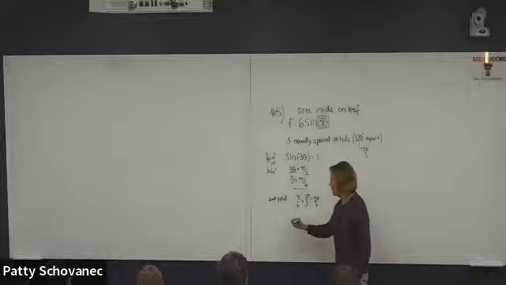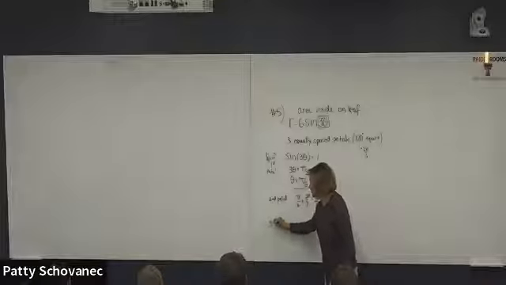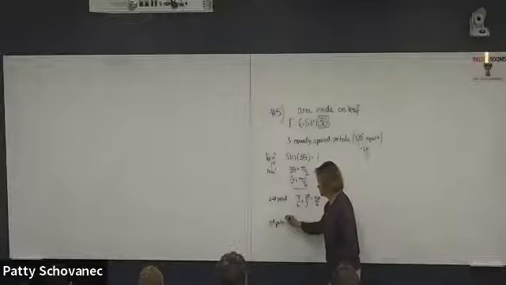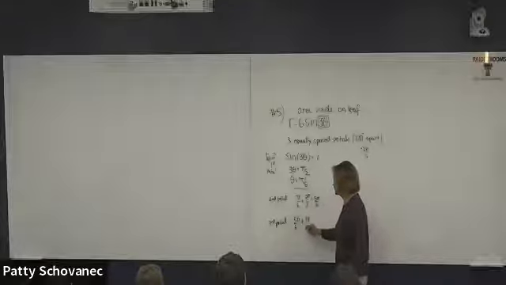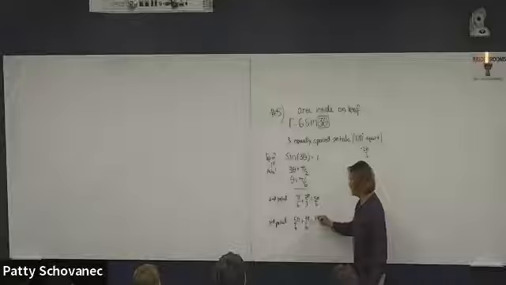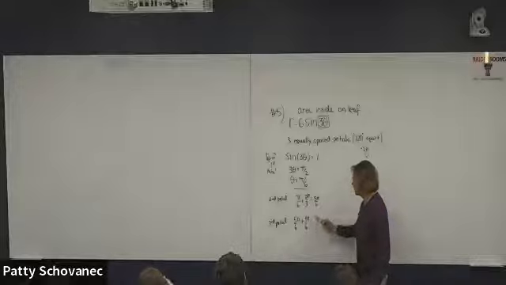And then your third petal, take 5 pi over 6 plus the 2 pi thirds. That's 9 pi over 6, which is 3 pi halves.